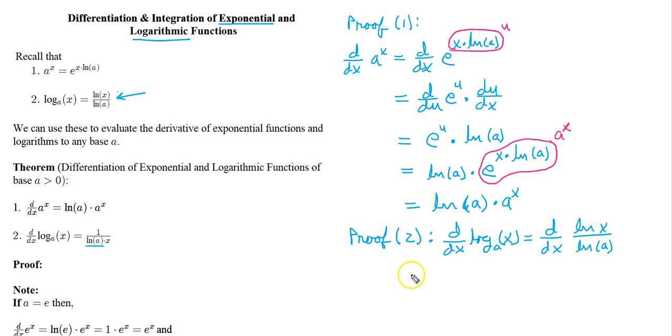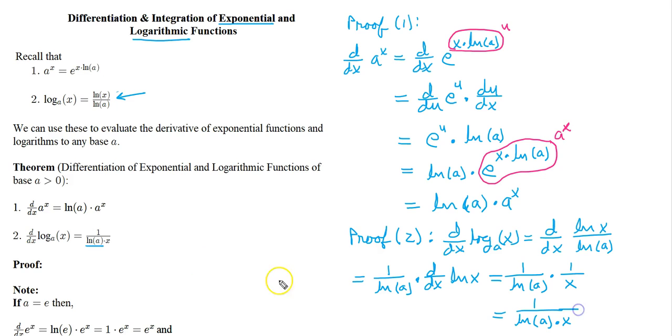It's just a constant, so we can write that out front, and the derivative of the natural logarithm is 1 over x. And then just rewriting that, we have our result here. And so those are the proofs of parts 1 and 2.